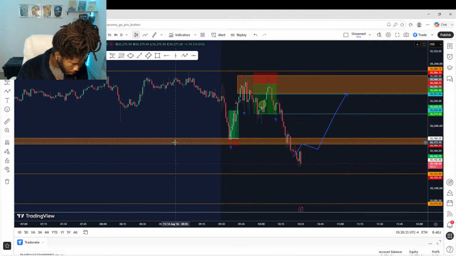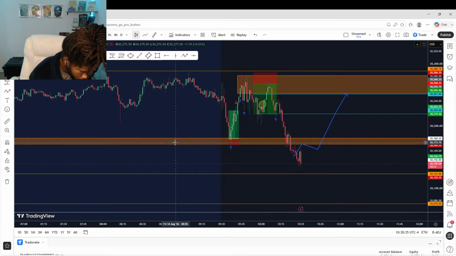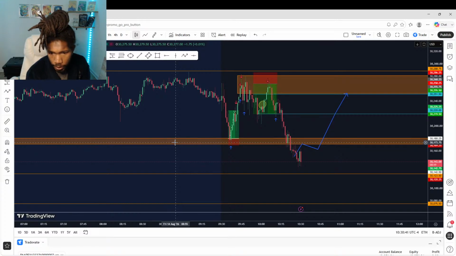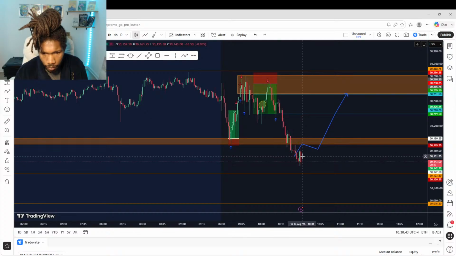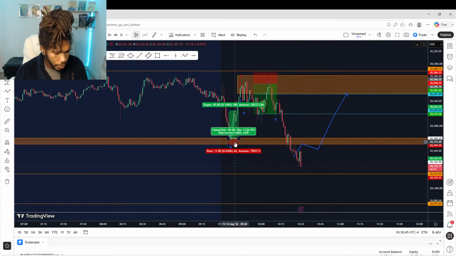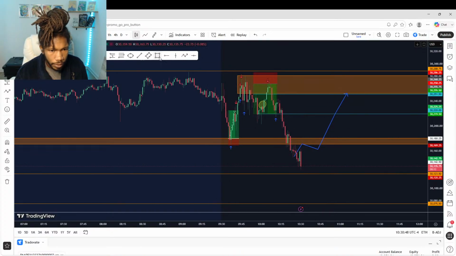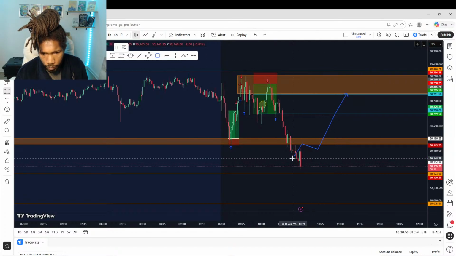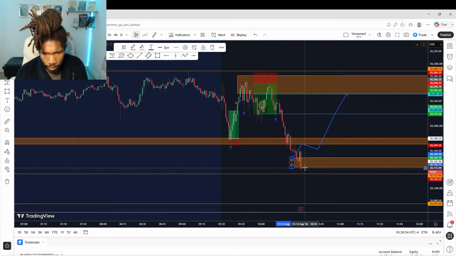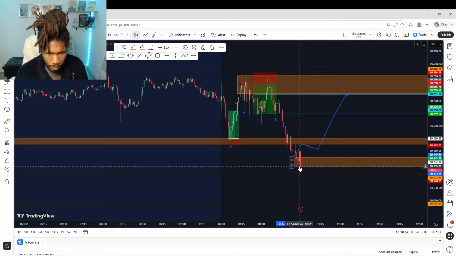And then I actually re-entered. I like this pattern, this order block right here. I'm looking at price as this stop hunt, maybe.